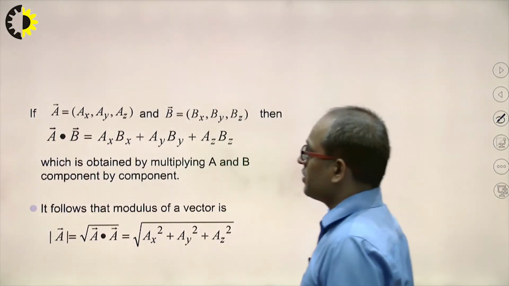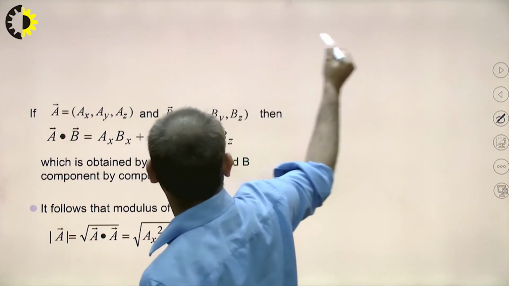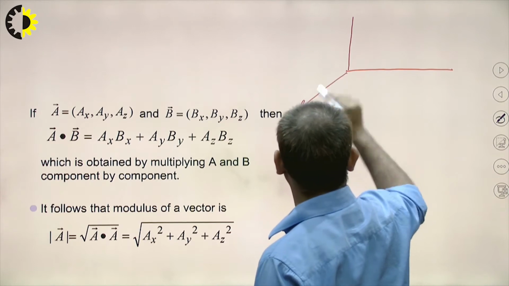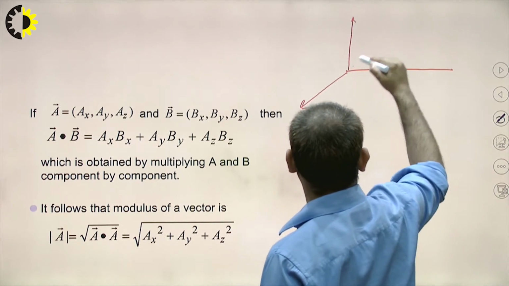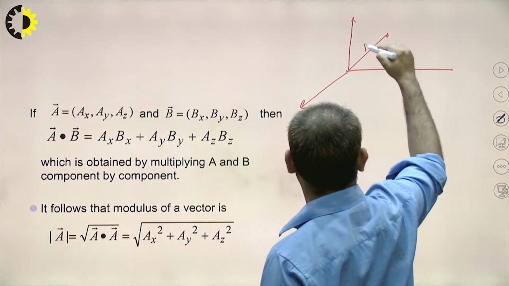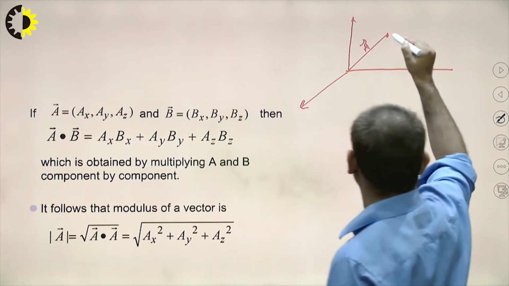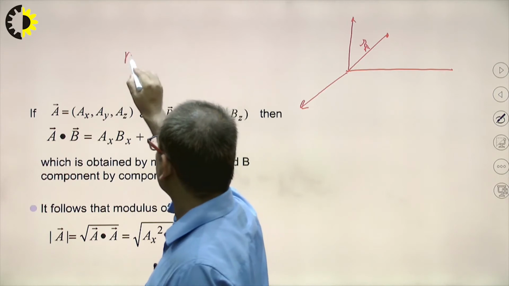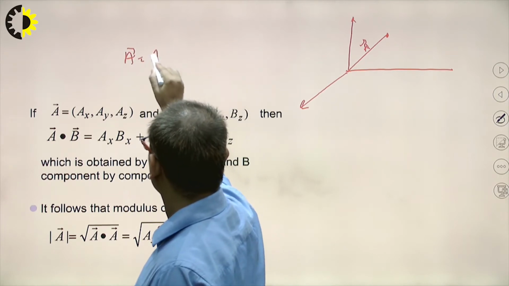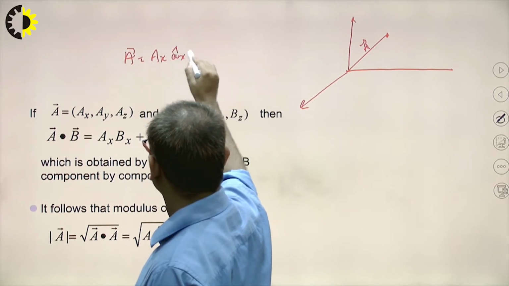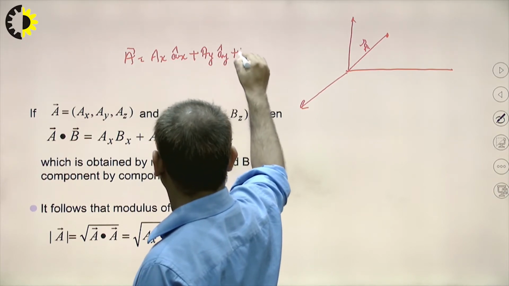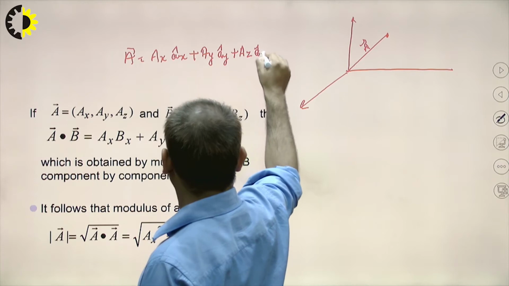So now say this is a coordinate system, and A vector is represented by A vector equals Ax a cap x plus Ay a cap y plus Az a cap z.